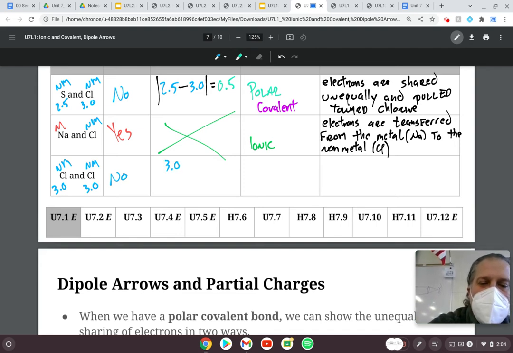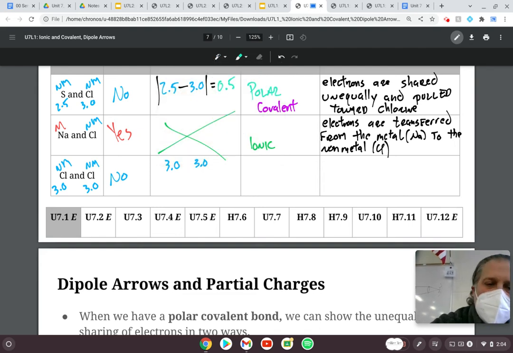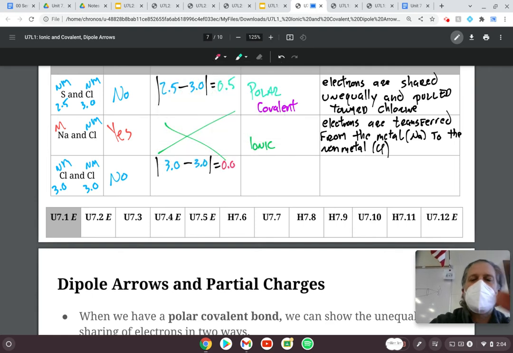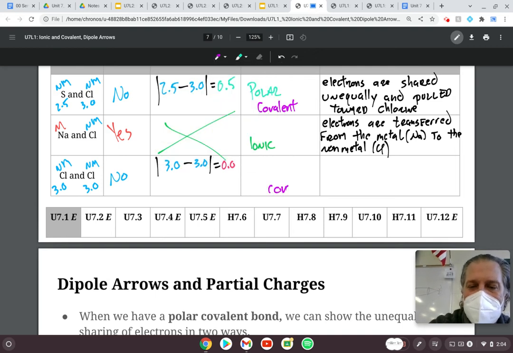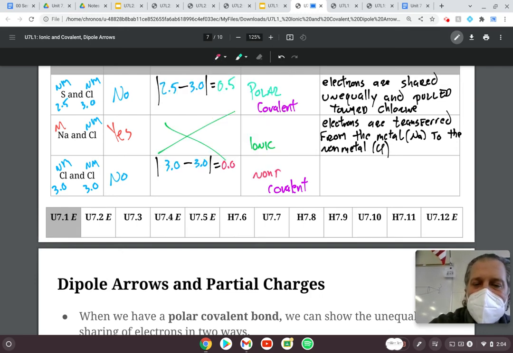It's going to be 3.0 minus 3.0, which will be 0.0. Because there's no metal present, I know it's going to be covalent, but it's the type of covalent that is nonpolar. So it's nonpolar covalent.